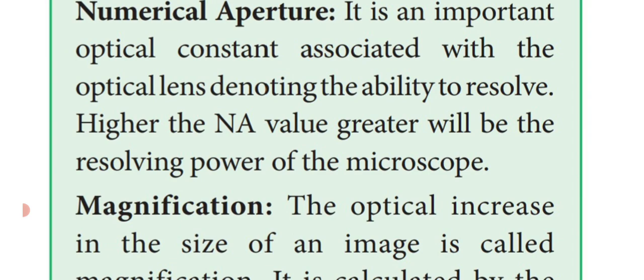The higher the NA value, the greater will be the resolving power of the microscope. So that is the numerical aperture. This is a constant value related to the optical lens, denoting the resolving power.